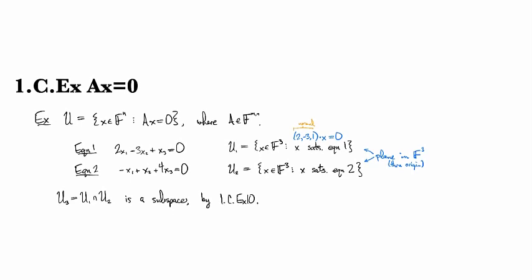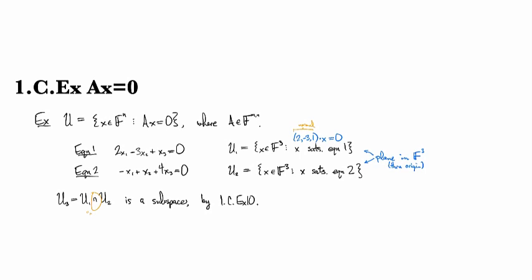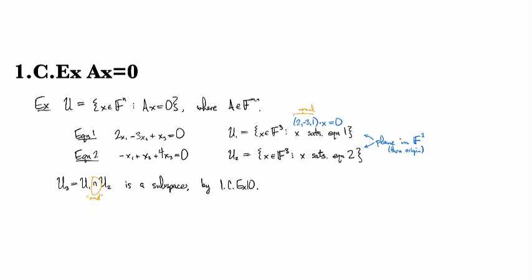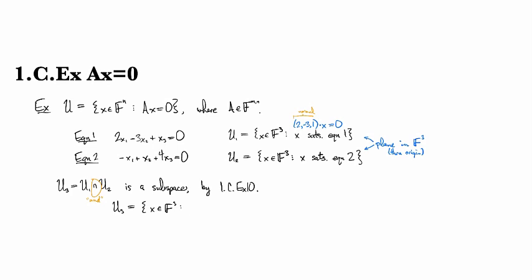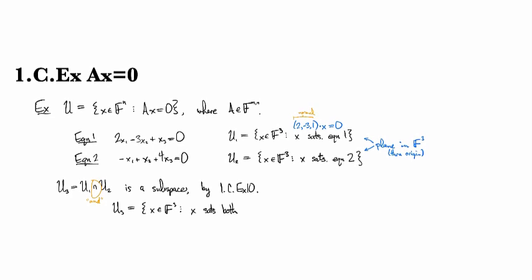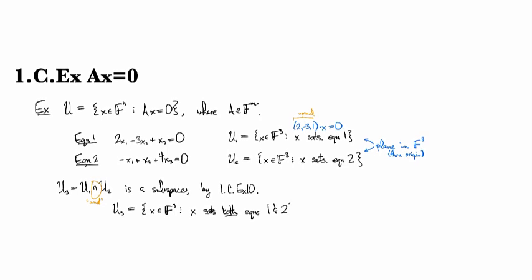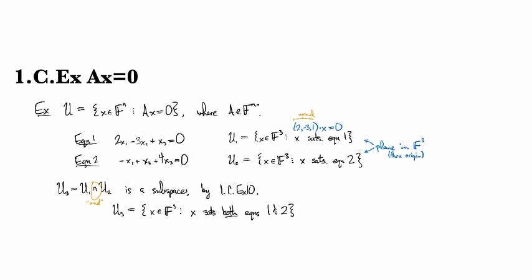So then, since intersection corresponds to an AND condition, that means that U3 is going to be the collection of points that satisfies equation 1 and equation 2 simultaneously, right?